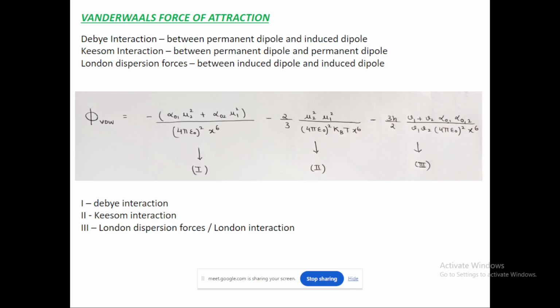Here I would like to add one more point. In the case of atoms or molecules, the interactions between two molecules will disappear, or they will stop interacting with each other, when the distance between them goes beyond 0.8 nanometers.